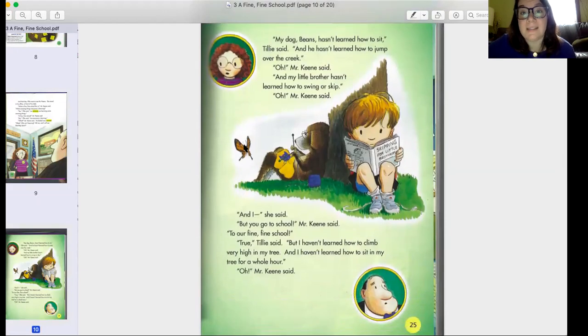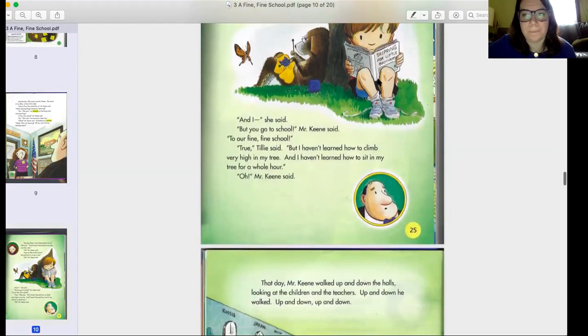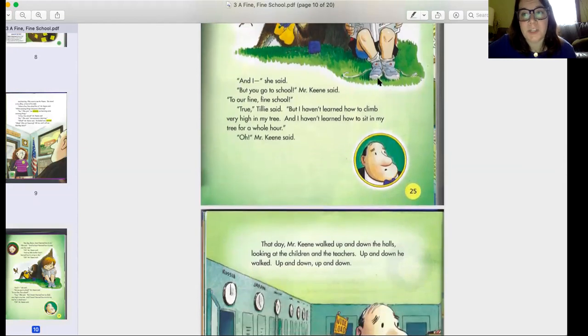"My dog Beans hasn't learned how to sit," Tilly said, "and he hasn't learned how to jump over the creek." "Oh," Mr. Keen said. "And my little brother hasn't learned how to swing or skip." "Oh," Mr. Keen said. "And I," she said.